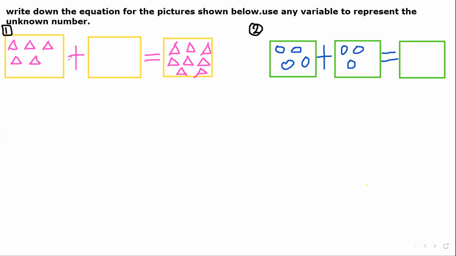Before you can translate this into an equation, you need to write the numbers, use an unknown to represent the empty box, choose a letter to represent the unknown, and then write down the equation. Let's quickly solve this one.